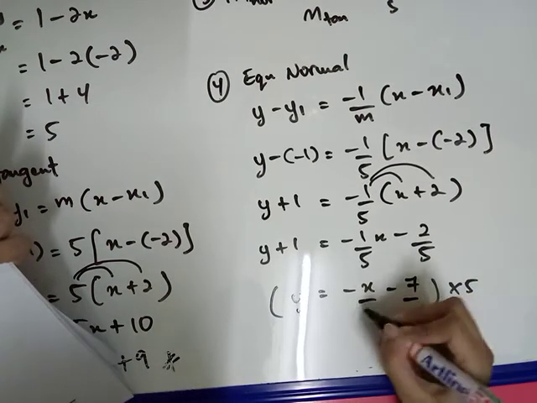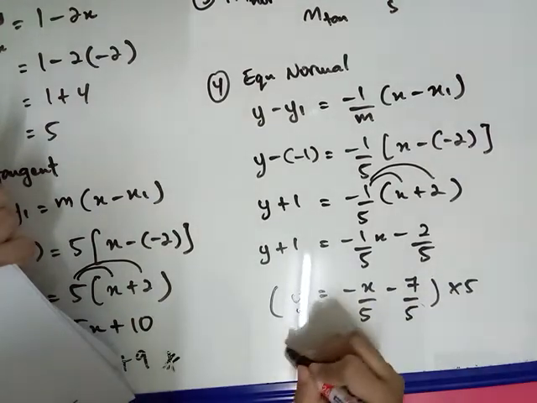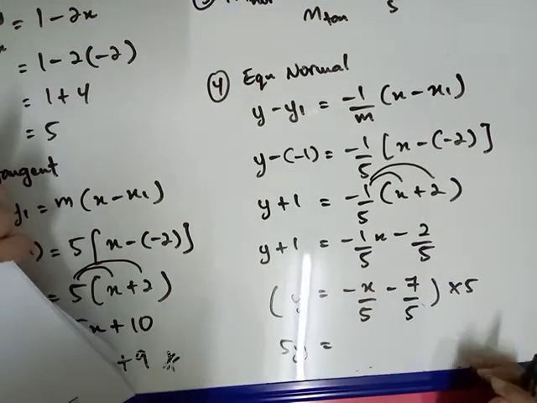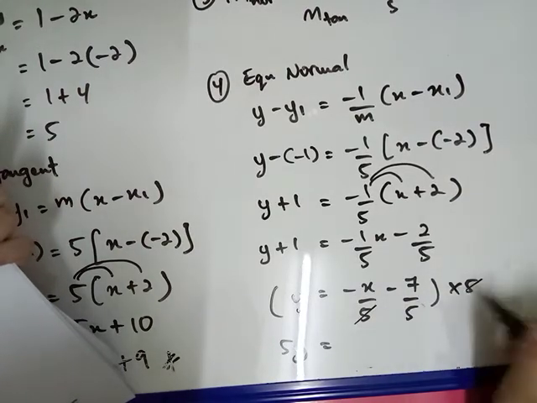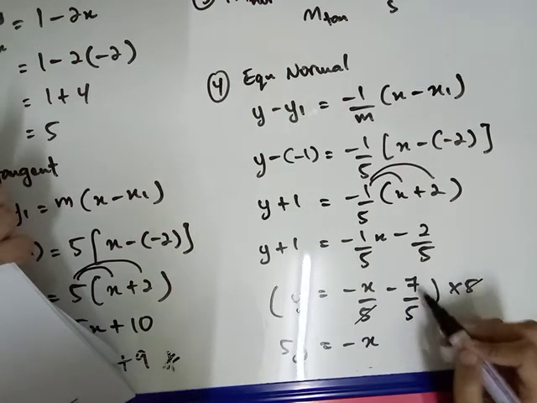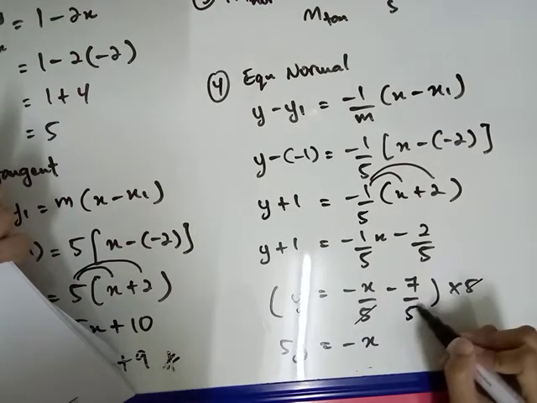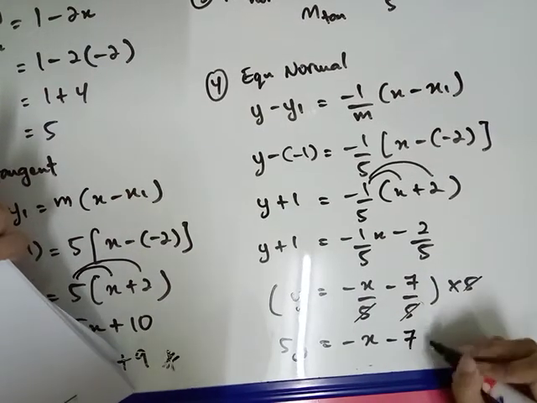So this one is 5. y times 5, you get 5y. Negative x over 5 times 5, you can eliminate the 5, so the rest is negative x. Negative 7 over 5 times 5, you can eliminate 5, so the rest is negative 7. So this is the answer.